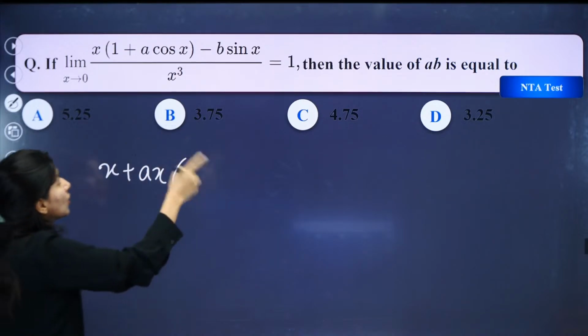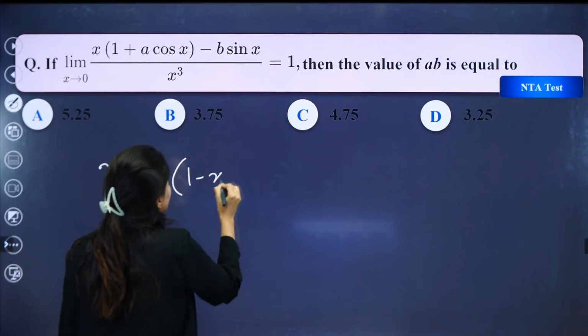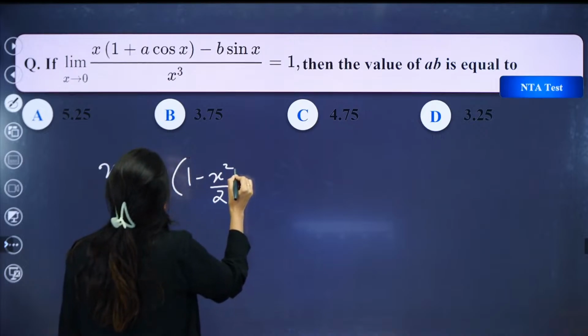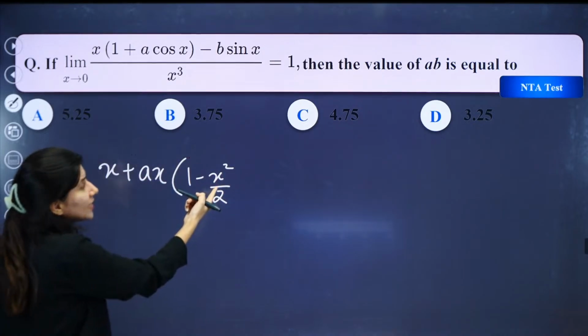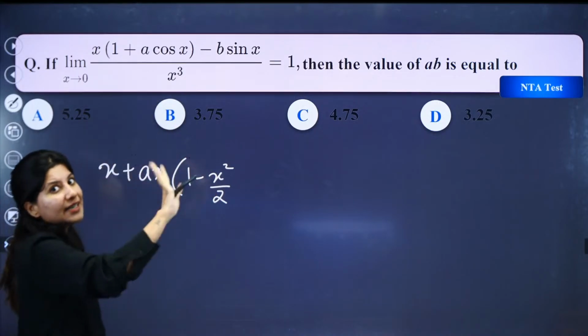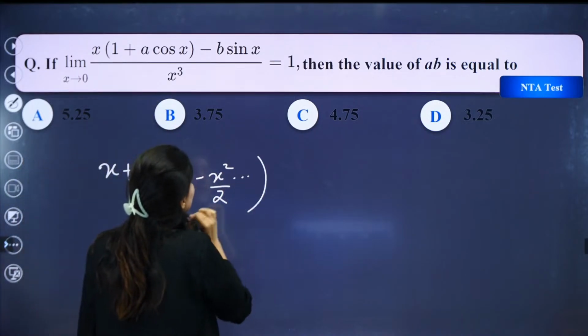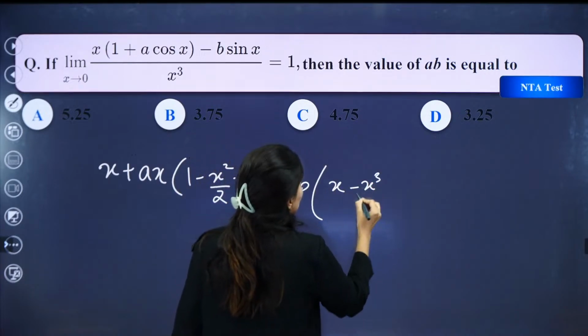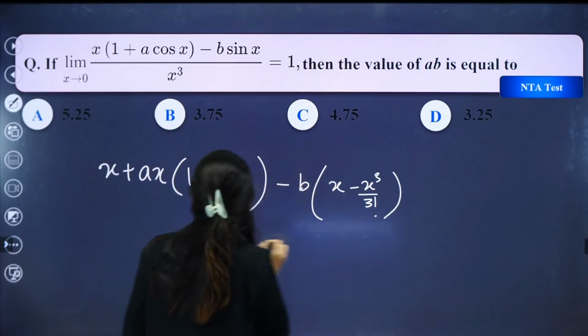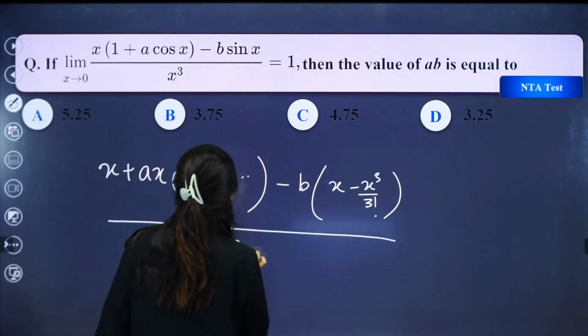Let's expand cos x right away. So 1 minus x square by 2. And I guess that's it, because the maximum we are going to get over here is x cube. So till denominator we have to go. And minus b. What about sin x? So x minus x cube by 3 factorial. That's it. Whole upon we are having x cube.